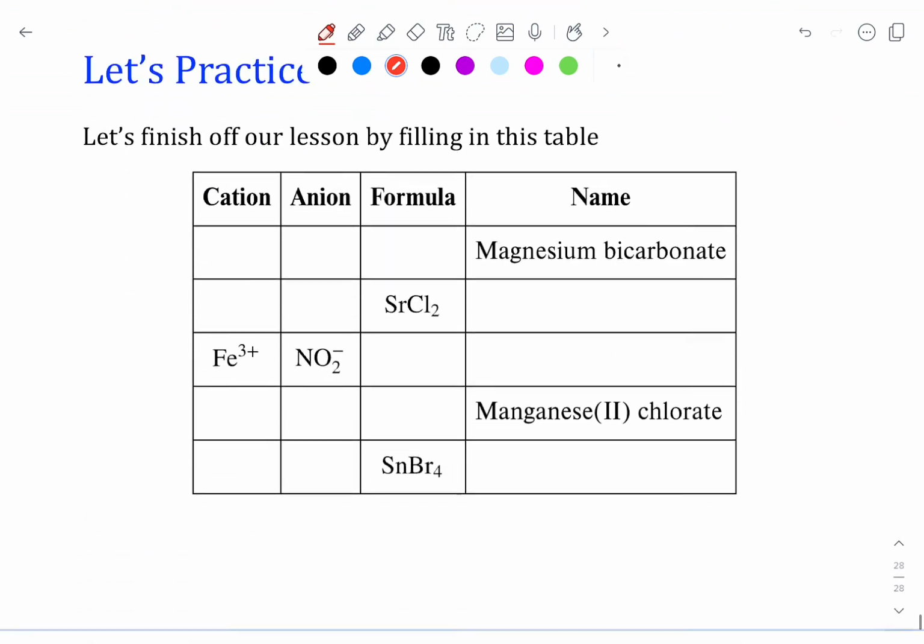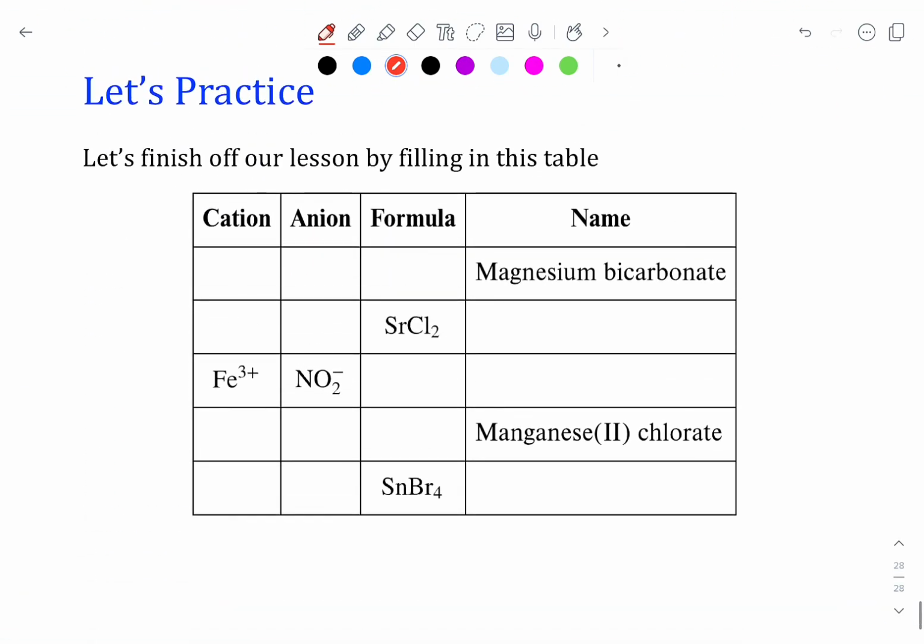Okay. So before we finish up this lesson, let's just bring everything together from our last few lessons, and let's fill in this table with our cations and our anions using our polyatomic ions, as well as just our regular rules for ionic compounds. So our first example has magnesium bicarbonate. Bicarbonate, that's one of our polyatomic ions. It's HCO3 minus.